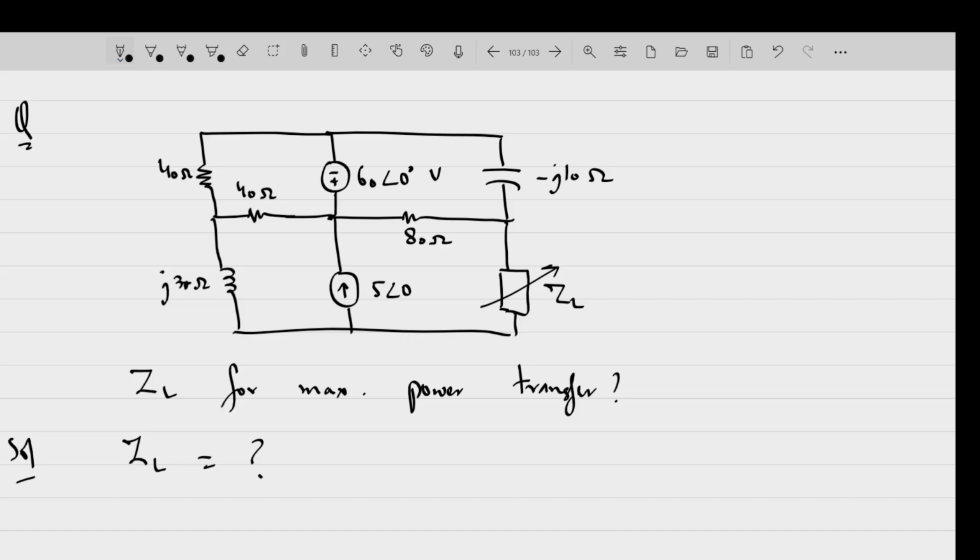So 158 minus J21. No, no. Sir, 21.23 minus 20.15J. How did it come?